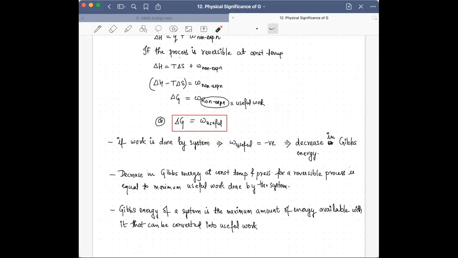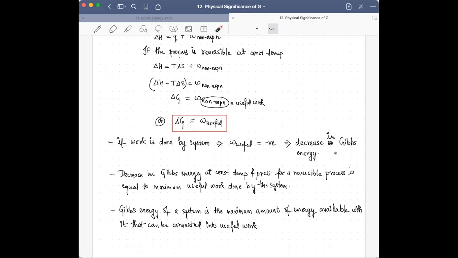Spontaneity is coming as a result of useful work that is present in the system. So unless this useful work becomes equal to 0, the process will keep running in the direction of spontaneity. Once this useful work becomes equal to 0, you can expect delta G to be 0, and therefore the process comes under equilibrium.